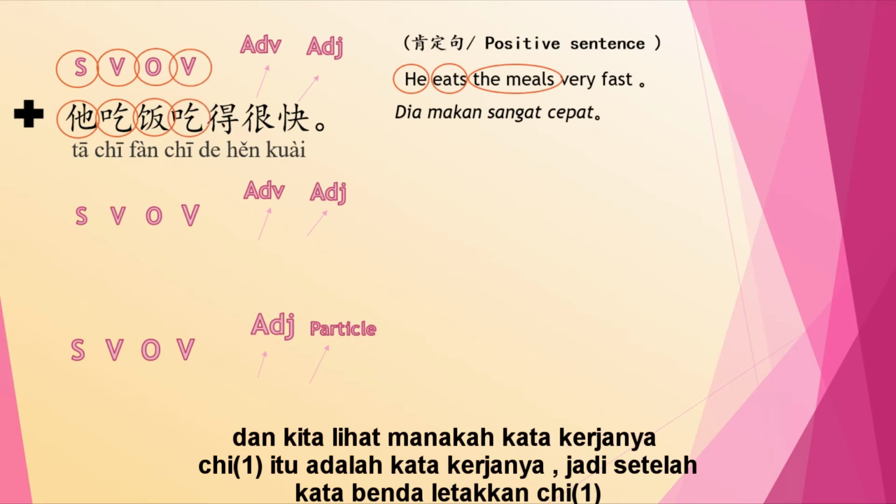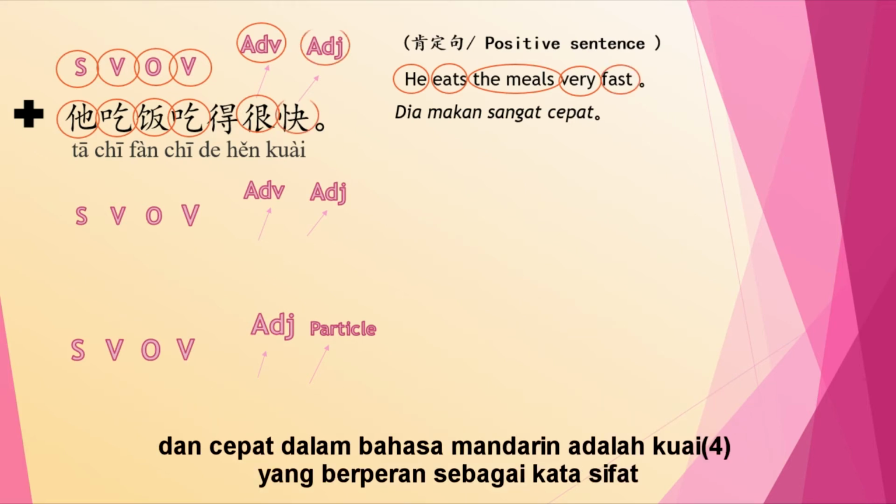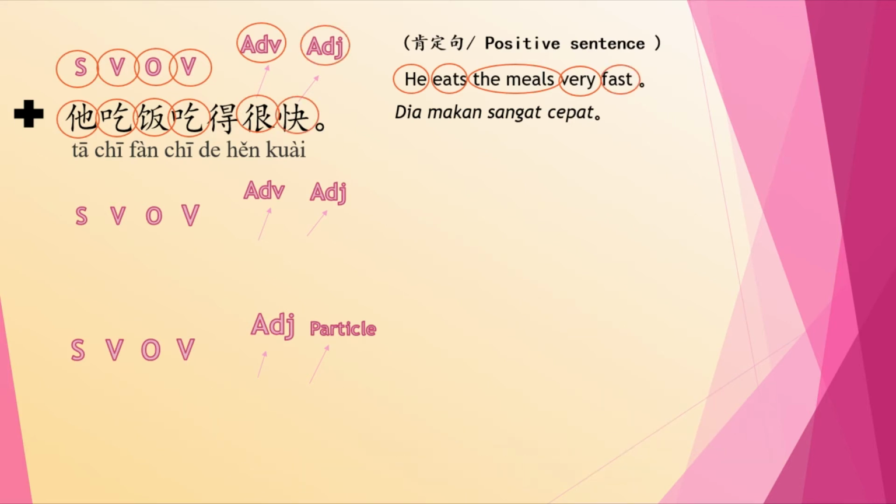Verb is 吃, so let's put the verb again, and then after verb don't forget to put 得, and then after 得 you have to add an adverb, which is 很, very, and then fast in Mandarin is 快, it's an adjective. So the answer is 他吃饭吃得很快.